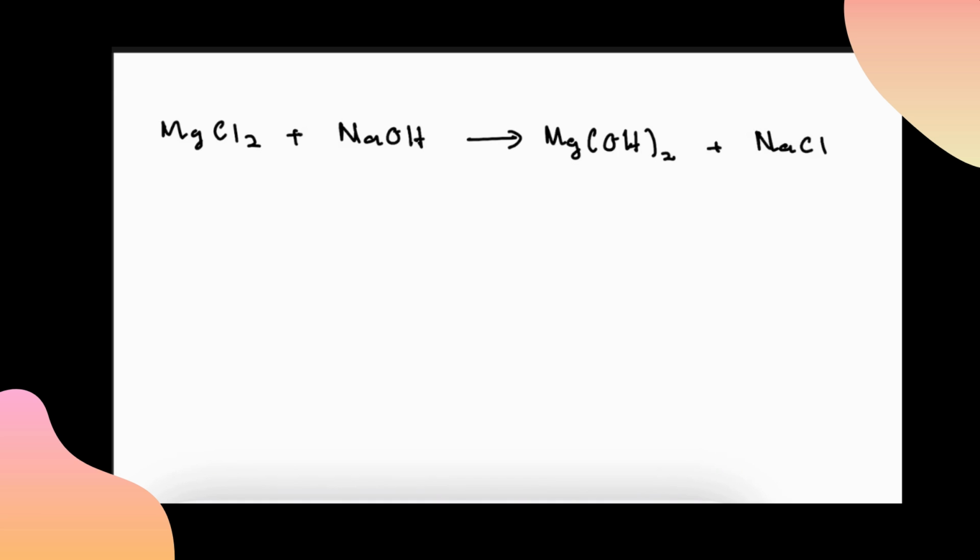To balance the equation, we need 2 mole of chlorine, so we put 2 here and 2 here. Now our equation is balanced. The second part is to put the information below the equation. Magnesium chloride that we have is 15.1 gram and this one is 9.35 gram.